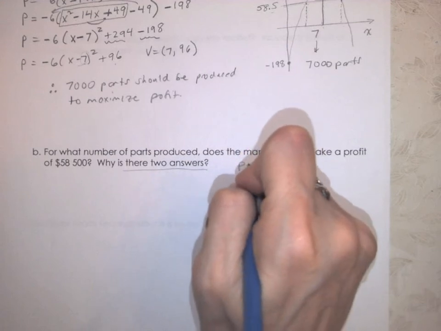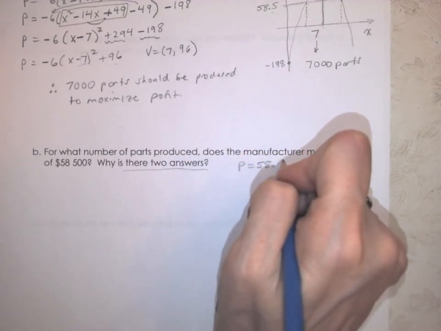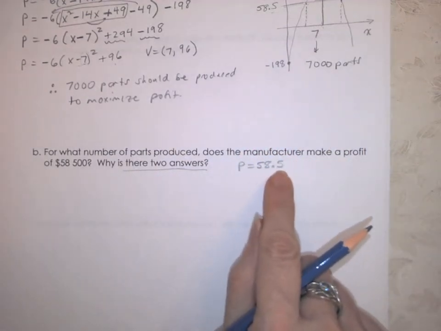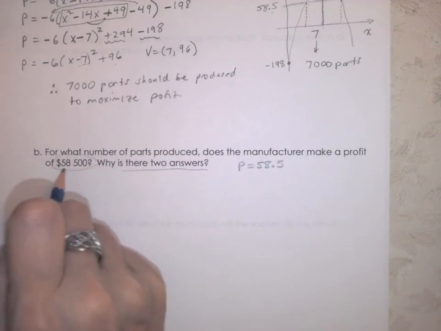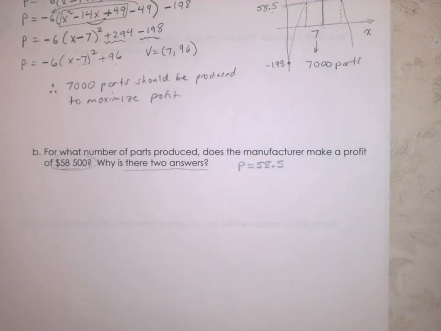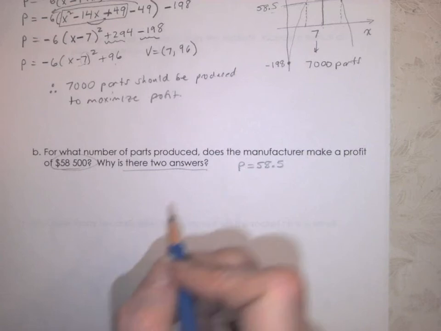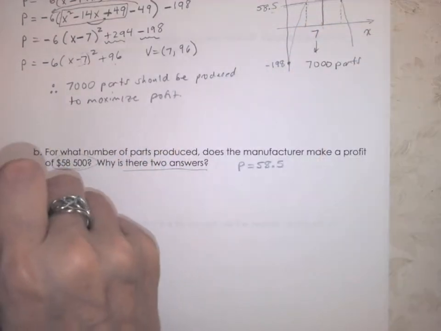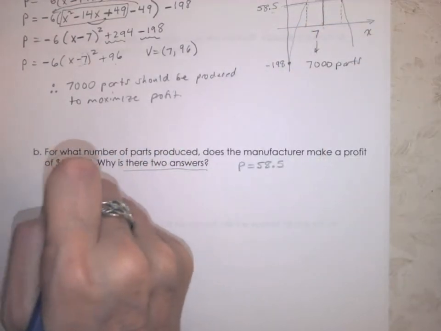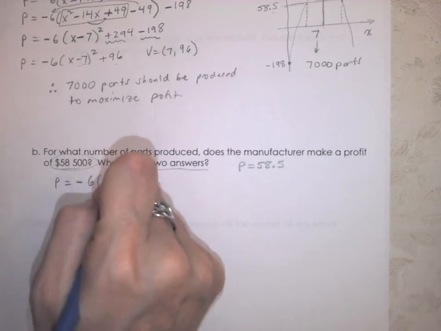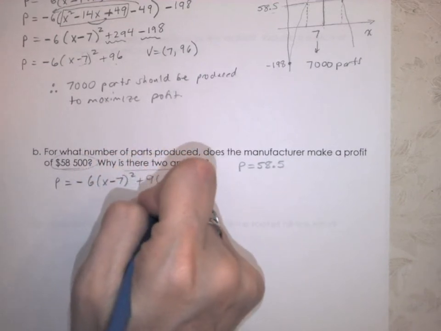So basically they're giving me a P, and I'm going to say it's 58.5 because it's in thousands. They're giving me 58,500, or 58.5, for profit, and they're asking me what values of X go with that. So it's similar. I'm going to use the vertex form because that's got X in only one spot.